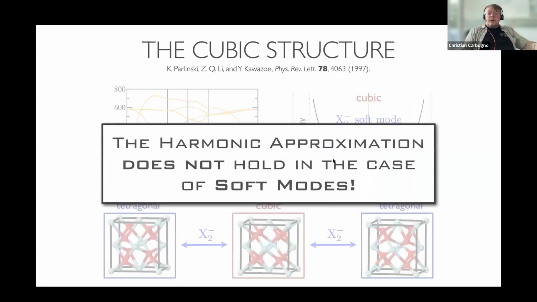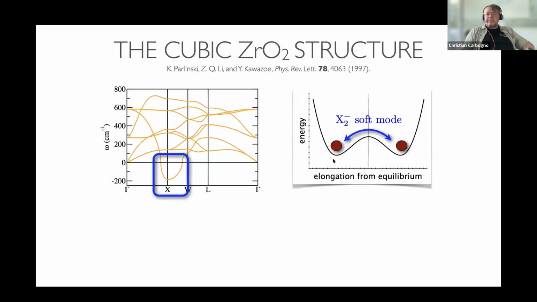And to get a more hand-waving approximation of what is happening, what you would see if you could make an atomistic movie of the system, is that at low temperatures you have this oxygen atom sitting in this minimum, and if you heat it up, it starts wiggling around and around. And if you have enough energy to overcome this barrier, this atom would be jumping around between these two minima. And then it has so much energy that it does that all the time.